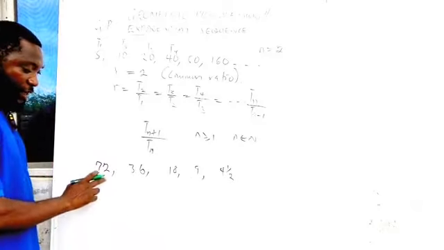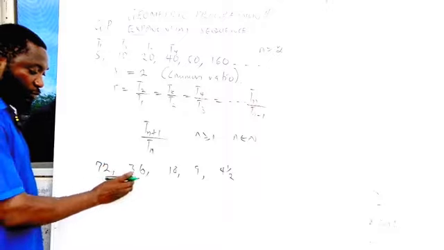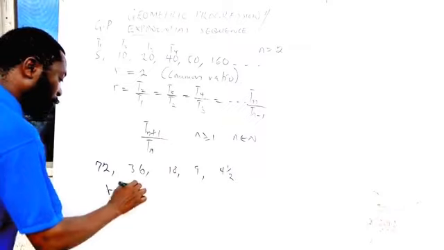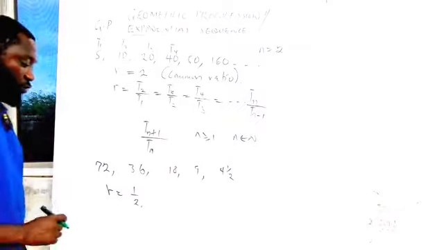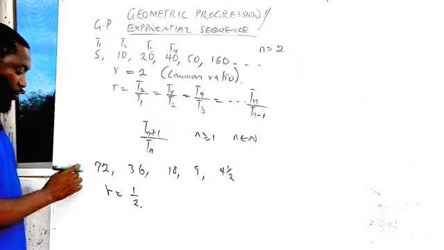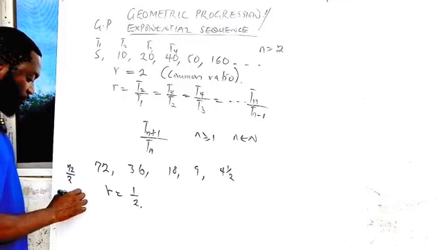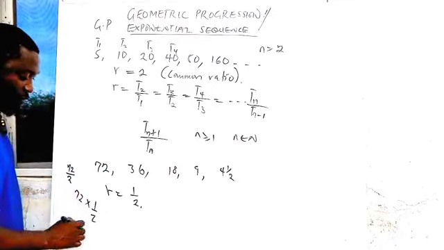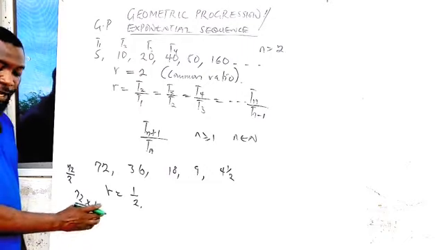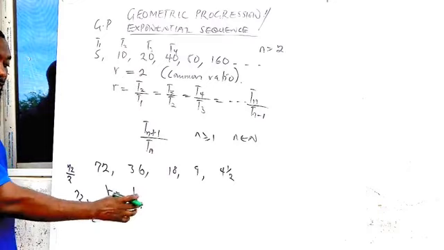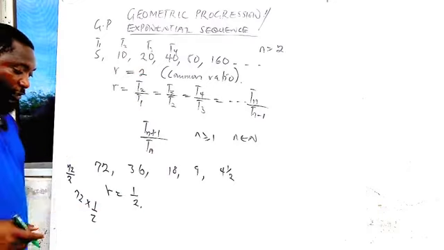You can see that we are dividing by 2, divide by 2, divide by 2. Meaning our common ratio here will just be 1 over 2, because dividing by 2 is the same thing as multiplying by 1 over 2, by half. So when you are dividing, that will be a fraction. When you are multiplying, you have it as a whole number.